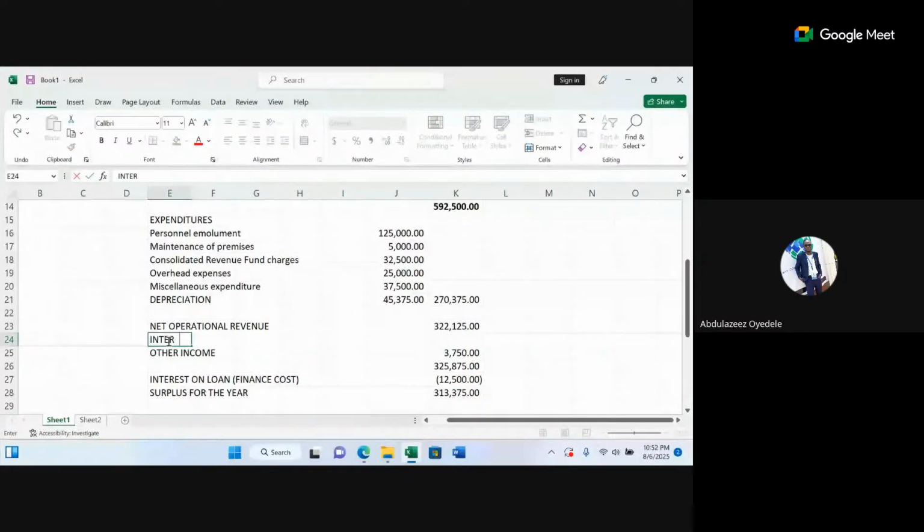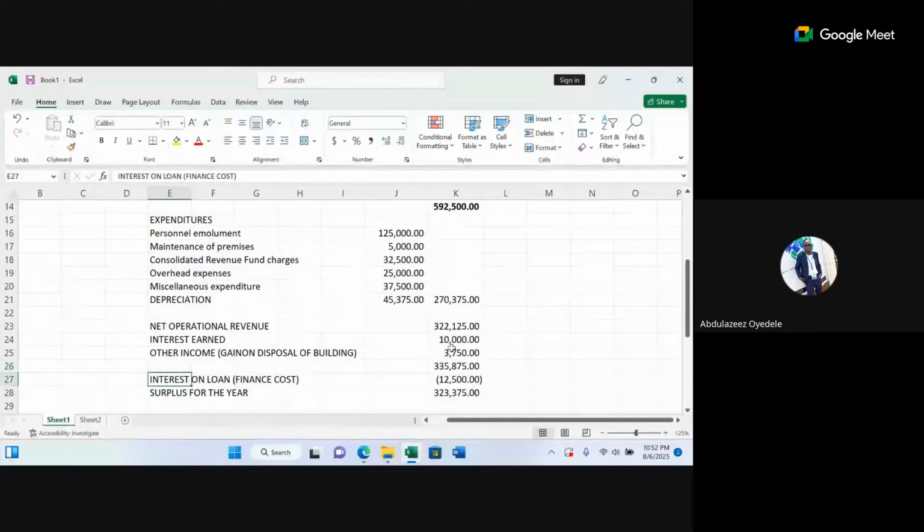Interest and 10 billion. So other income, in order to identify this, gain on disposal of building. Okay. I hope the formula has worked for all these things.